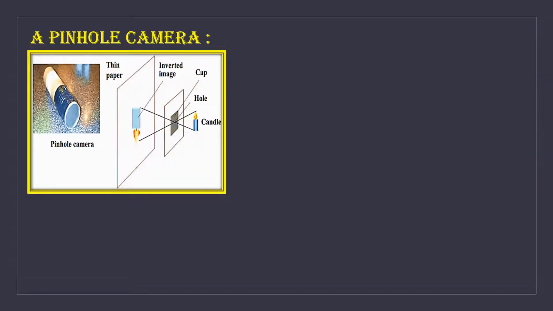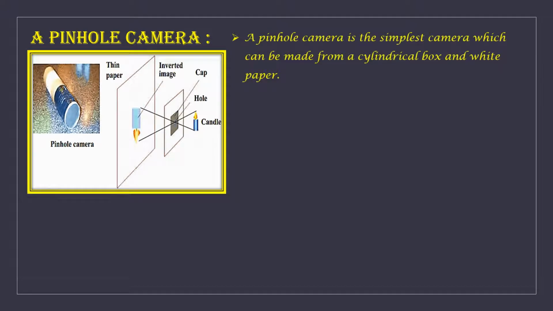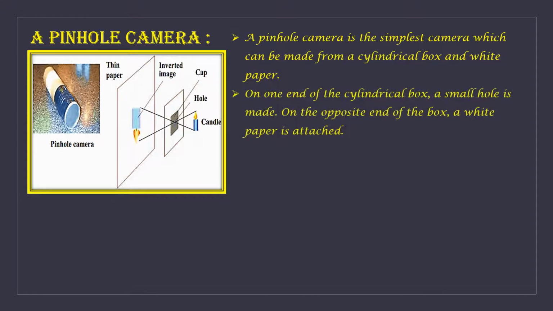Now let's understand about a pinhole camera. A pinhole camera is the simplest camera which can be made from a cylindrical box and white paper. On one end of the cylindrical box, a small hole is made, and on the opposite end of the box, a white paper is attached.